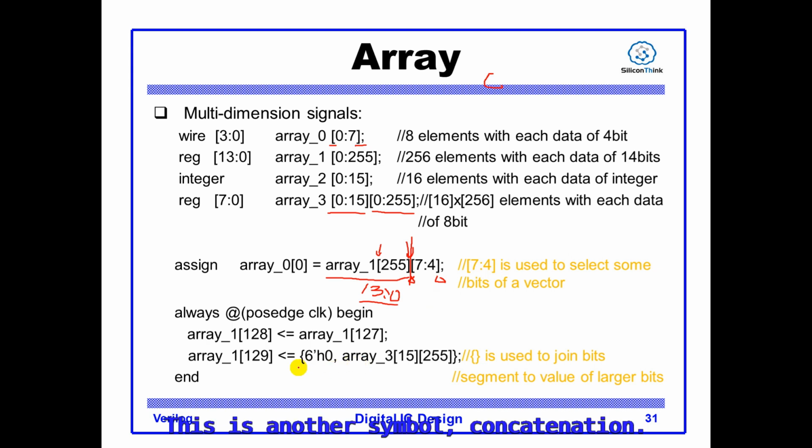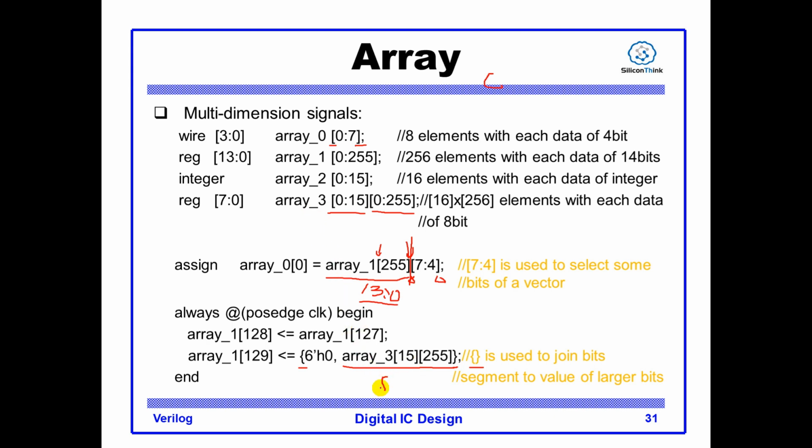Okay, this is another symbol: concatenate. This symbol is used to join bit segments into a value of larger bits. For example, this means you have selected an element.